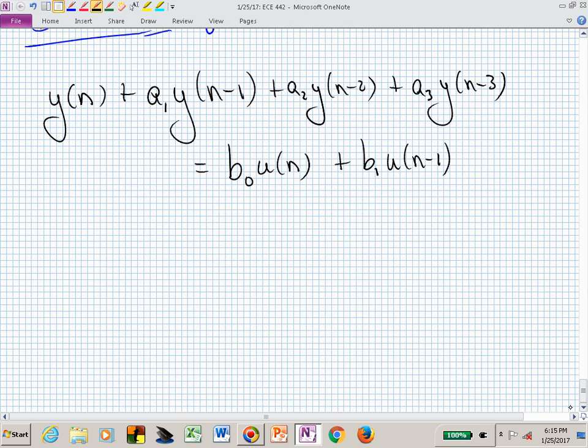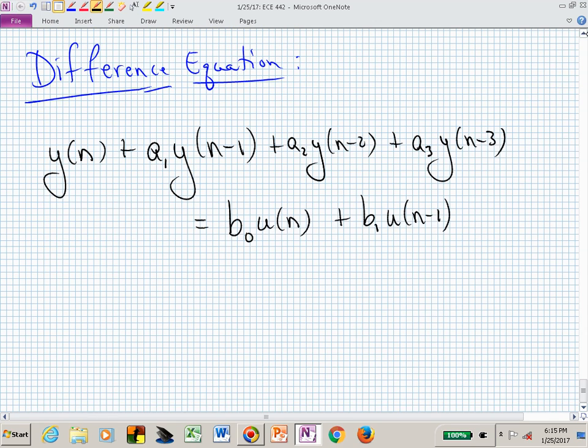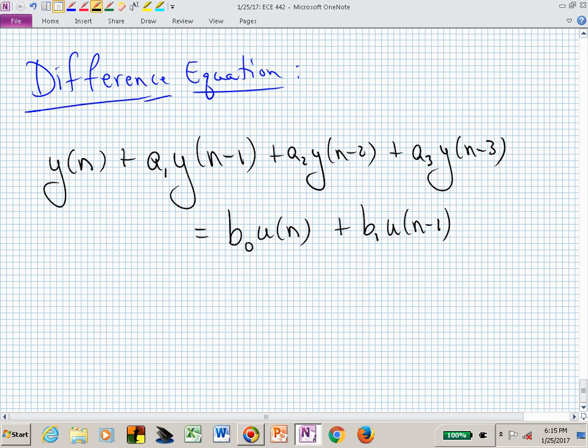That's the linear difference equation that might describe a filter, it might describe some dynamical system.